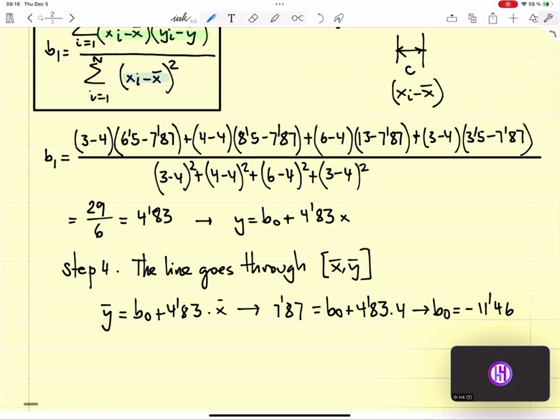So your final equation looks like minus 11.46 plus 4.83x. Okay?